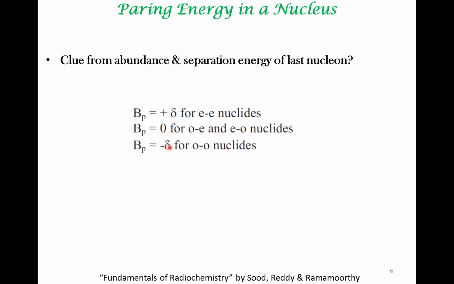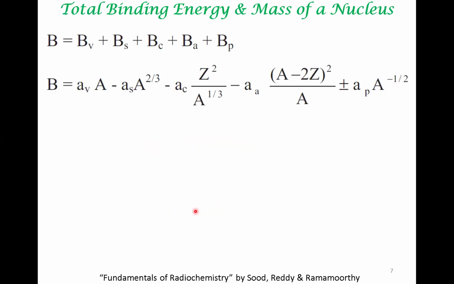So this constant we cannot derive by qualitative arguments, of course. It can be derived from some other, more detailed model. It goes as A to the negative 1/2. So we assume that we can derive this from some other sources, but this feature will be incorporated into the binding energy model. So this is the fifth and final interaction.